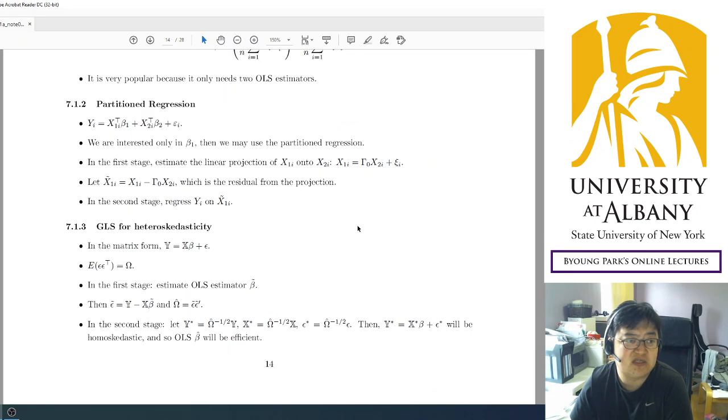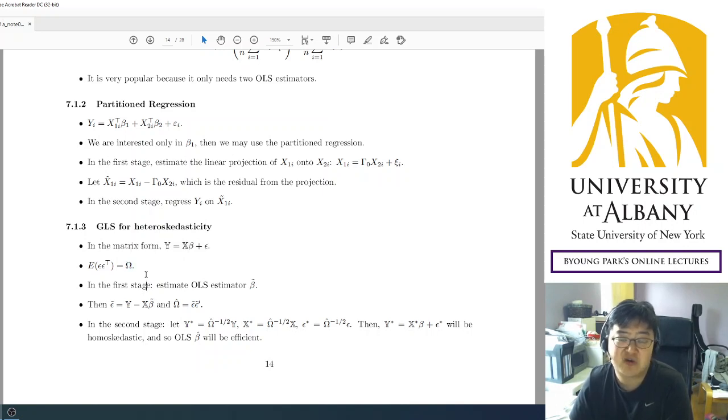And heteroscedasticity and GMM are the same. I don't care about the variance. I don't need to know the variance. But when the variance is not homoscedastic, the Gauss-Markov theorem does not work. So I know that we could do better if we know the variance matrix.